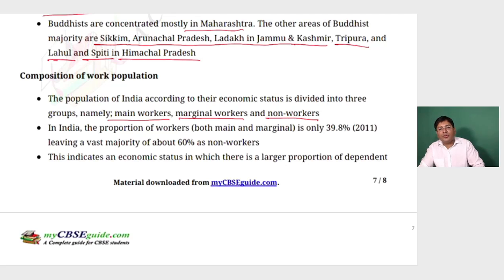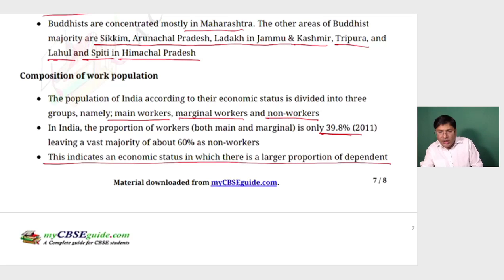So the worker proportion of India's total population is only 39.8% according to the 2011 census. So almost 60% of the population of India is non-workers. This indicates an economic status in which there is a large proportion of dependents.